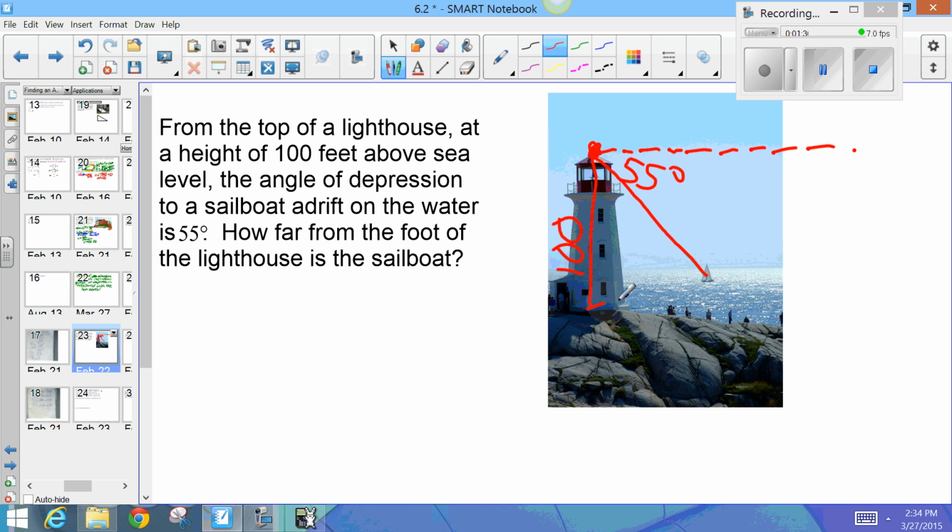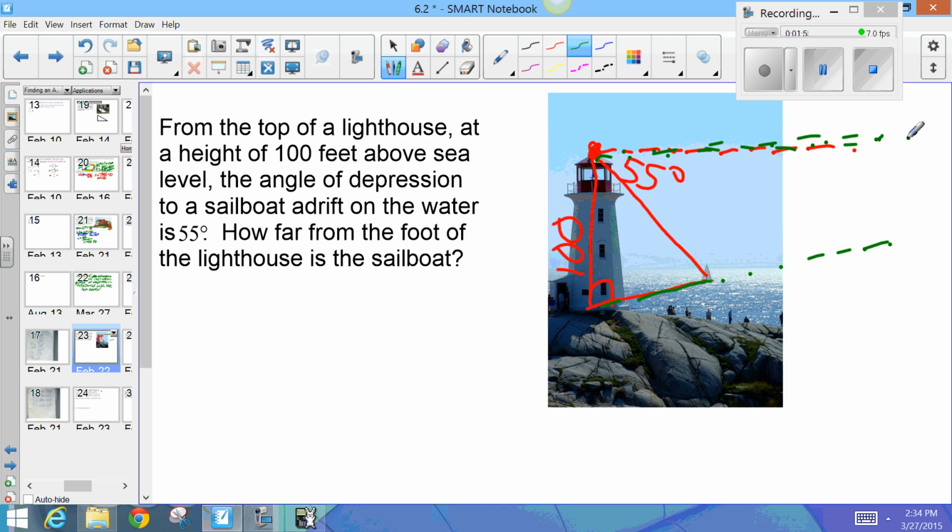Remembering that the lighthouse had to have been built perpendicular to the ground, perpendicular to sea level. The sea water is also horizontal, so this line here and this line here are parallel. They are both horizontal lines.